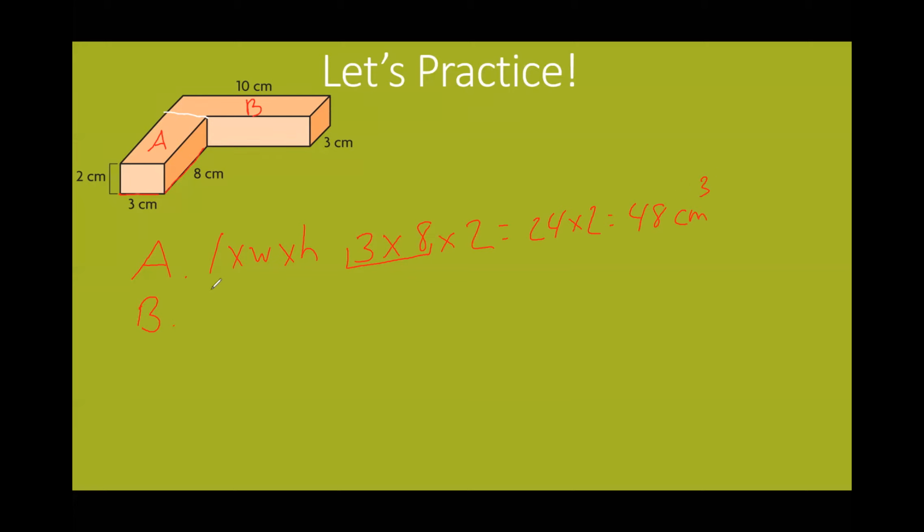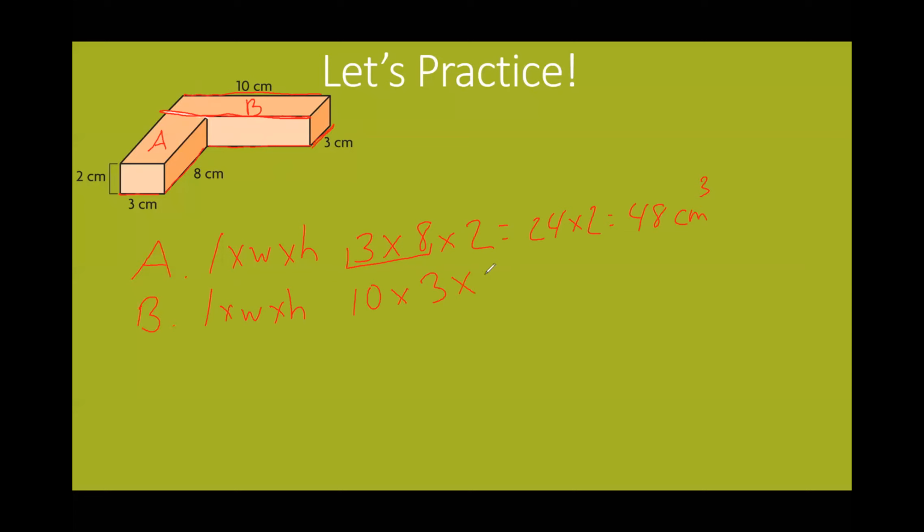Now how about B? Again, length times width times height. And the length of B. Now this is not the length of B anymore, is it? The length of B is now here to there. That's the new length of B. And that one matches this one. It's 10. And the width from front to back is 3. Oh, that's 30. That's an easy one.